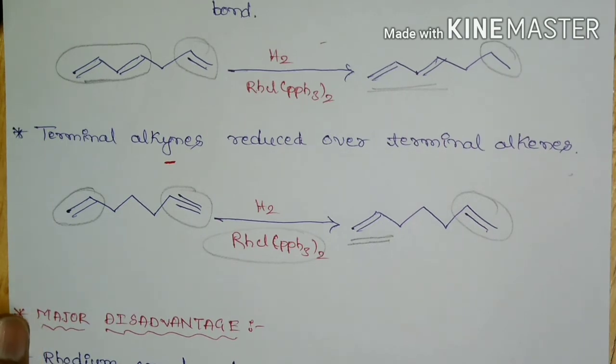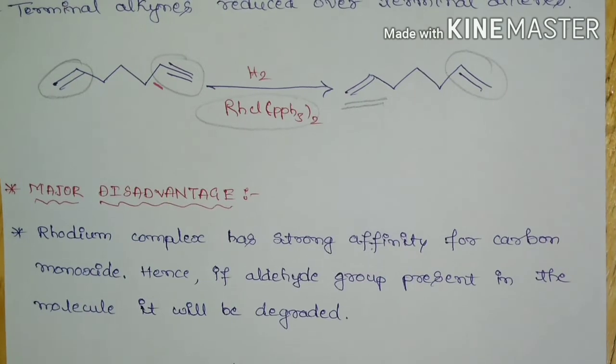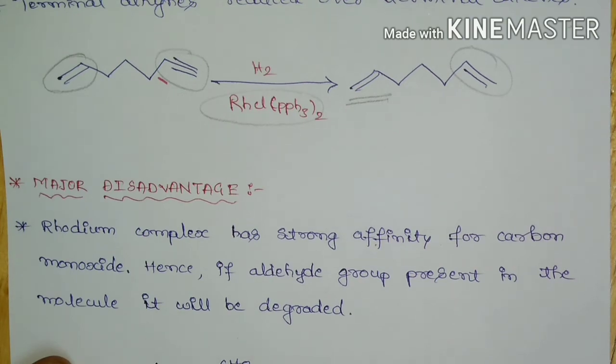So these are the selectivities of Wilkinson catalyst. Along with these advantages, a major disadvantage of Wilkinson catalyst is that the rhodium complex has a strong affinity for carbon monoxide. Hence, if aldehyde groups are present in the molecule, they will be degraded.